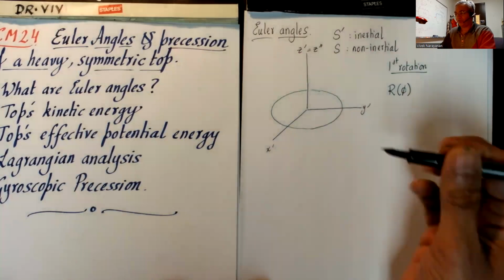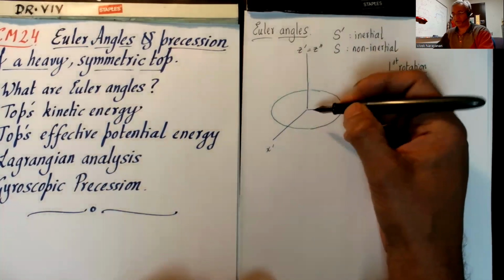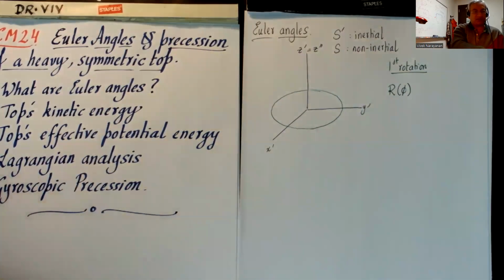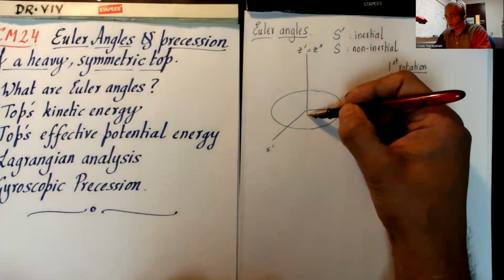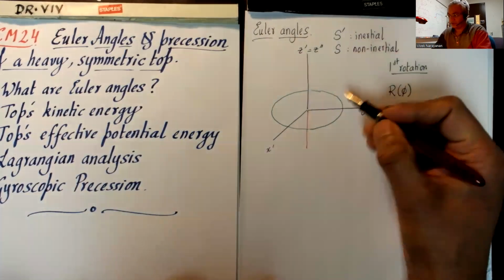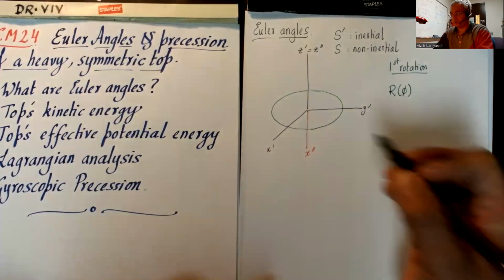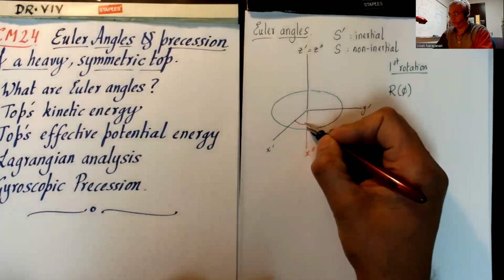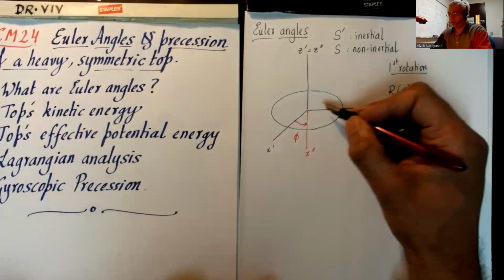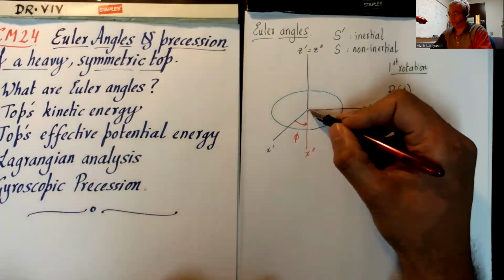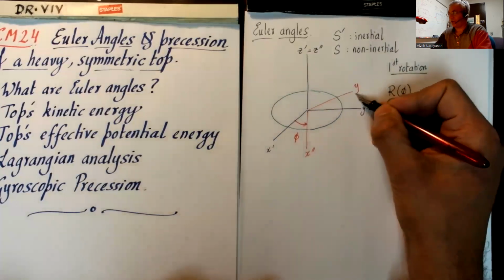Now, because the rotation is counterclockwise, as all rotations tend to be in physics, we're going to have the X prime move to this line, which I'll call X double prime, and that angle is phi. And the Y prime moves in that direction to a new place, which I'll call Y double prime.